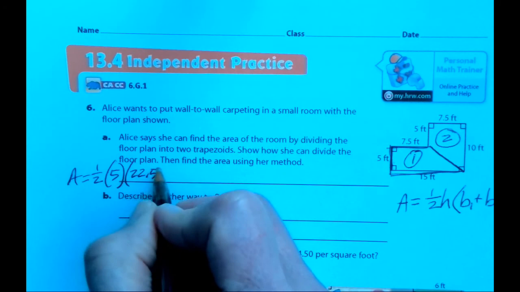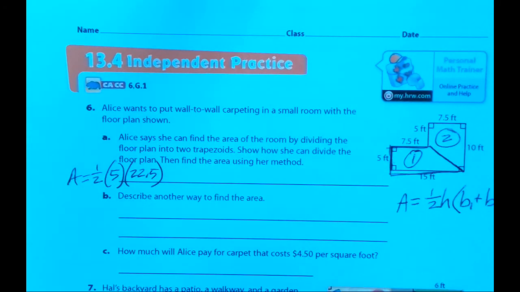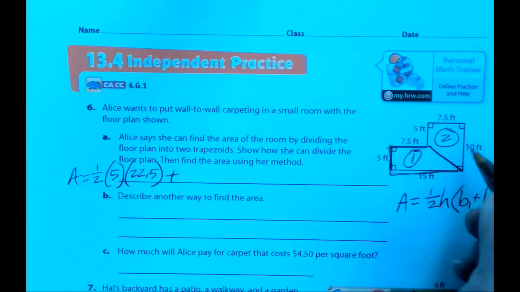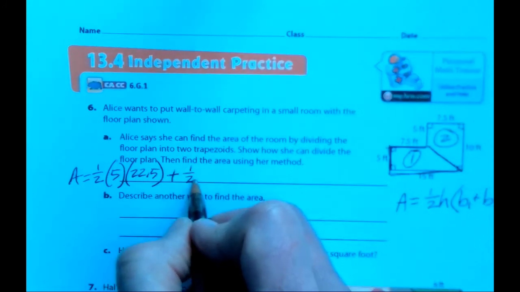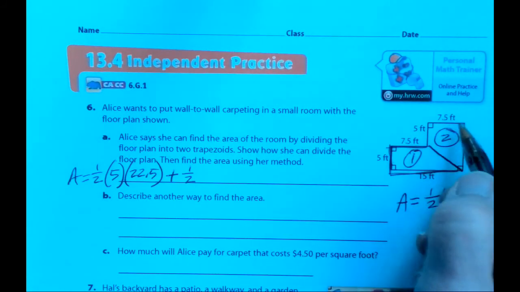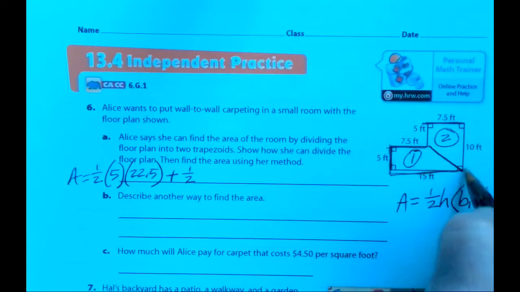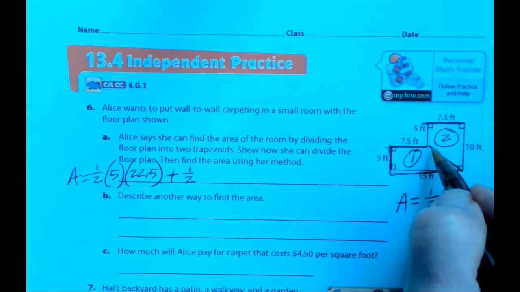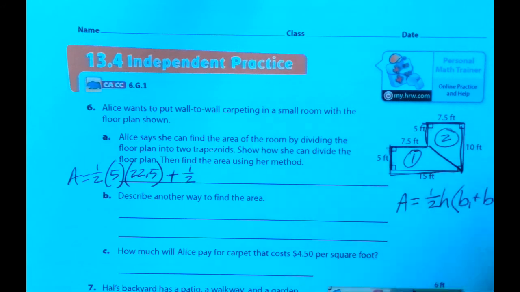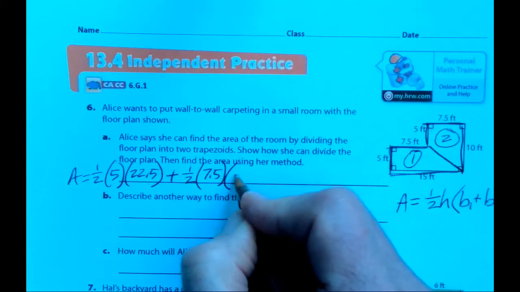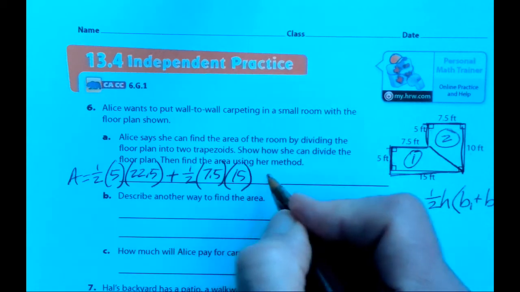Now the second trapezoid would be half of the height. In this case, the height is 7.5 feet because the 2 parallel bases are 5 and 10. So 7.5 is the height. The sum of the 2 bases would be 5 and 10, which is 15. And so now we would just follow the order of operations.